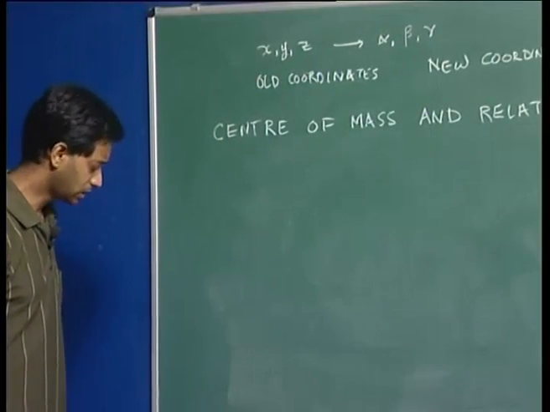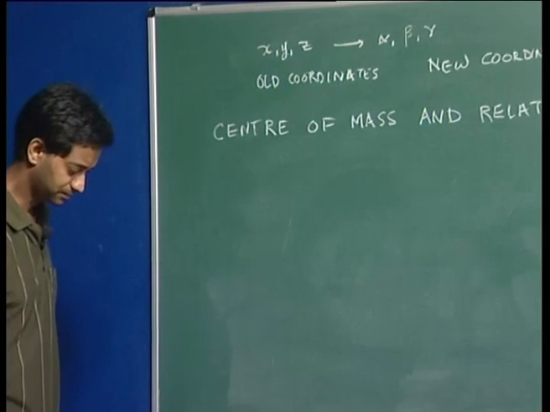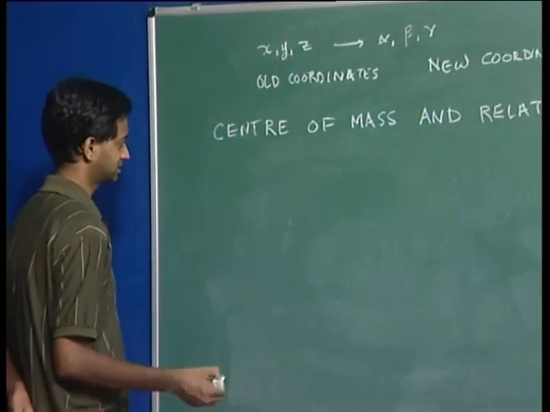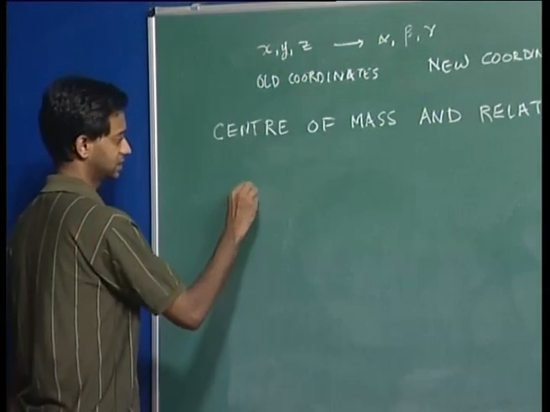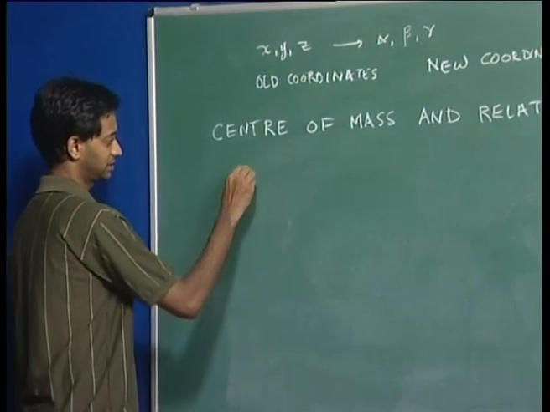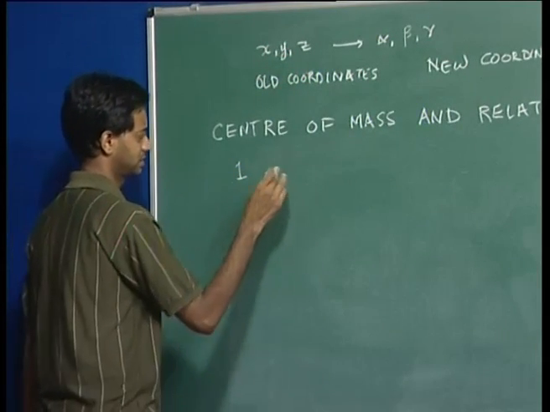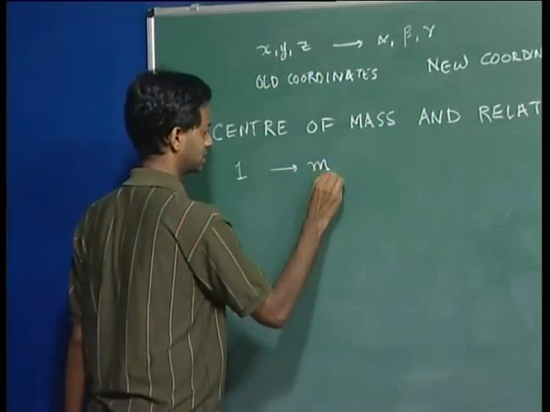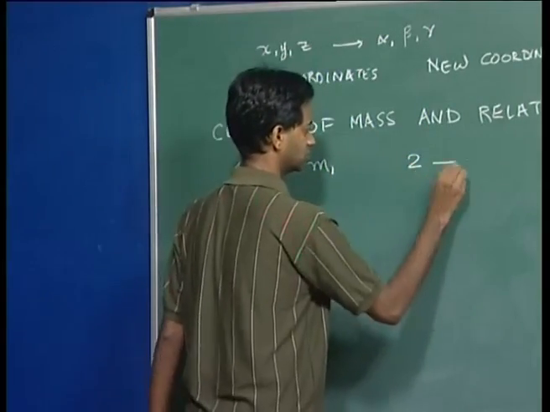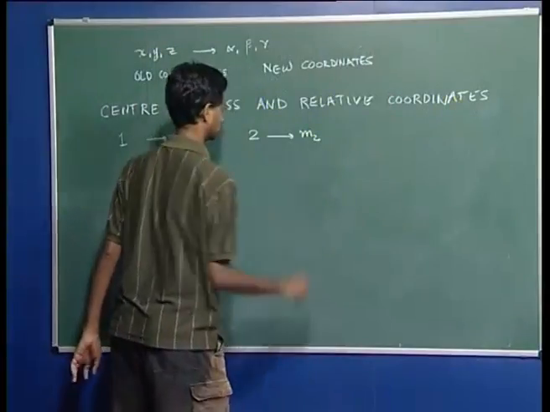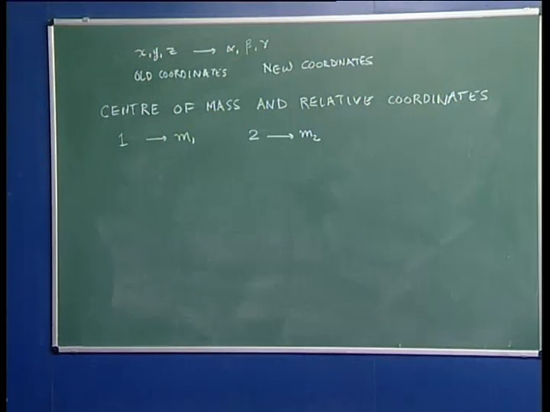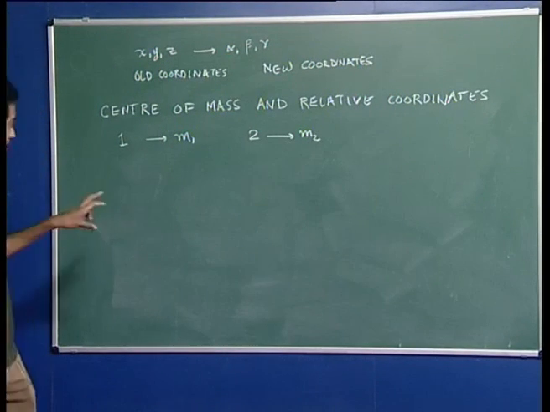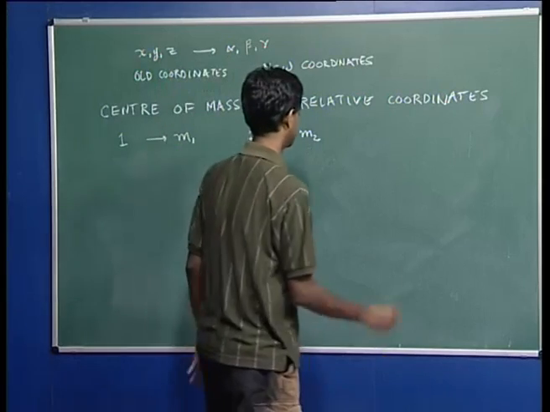Okay. So let us consider a quantum mechanical system that consists of two particles. The two particles are particle 1 of mass m1, and particle 2 of mass m2. Okay. And these two particles have an interaction between them.